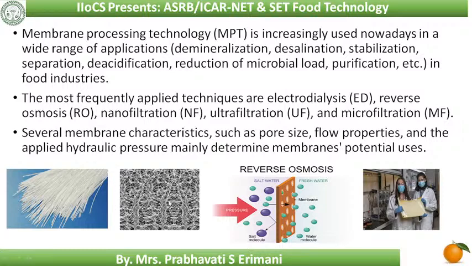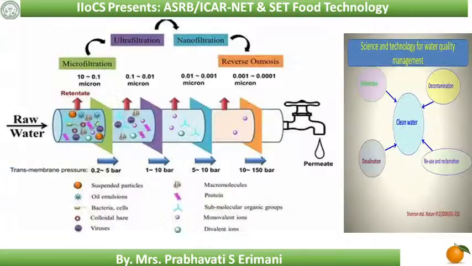By using this membrane and the hydraulic pressure, it will help. Several membrane characteristics, like pore size and flow property, will be different, and the applied hydraulic pressure determines the membrane's potential.